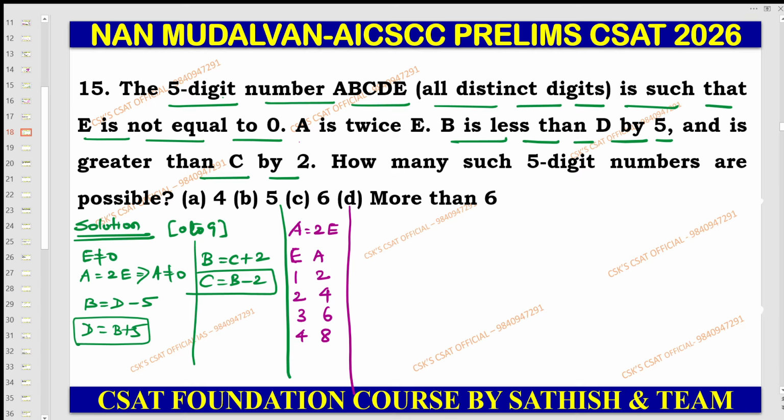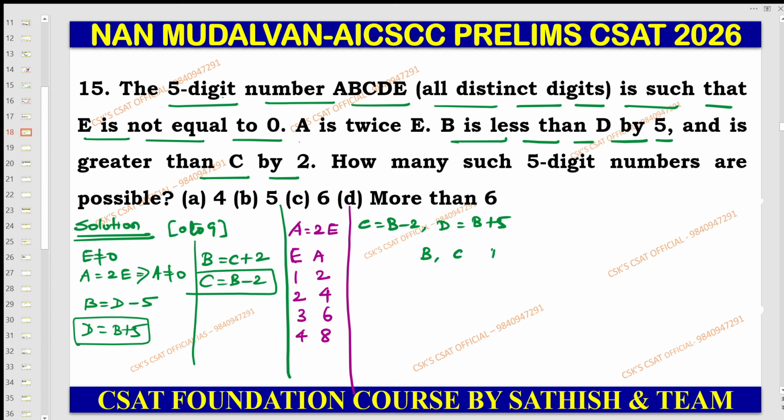Now you narrow down further. Fix a constraint here. Now C is equal to B minus 2. D is equal to B plus 5. What are all the possible values for B, C, D? So that you have to place here. B, C, D. Very important.